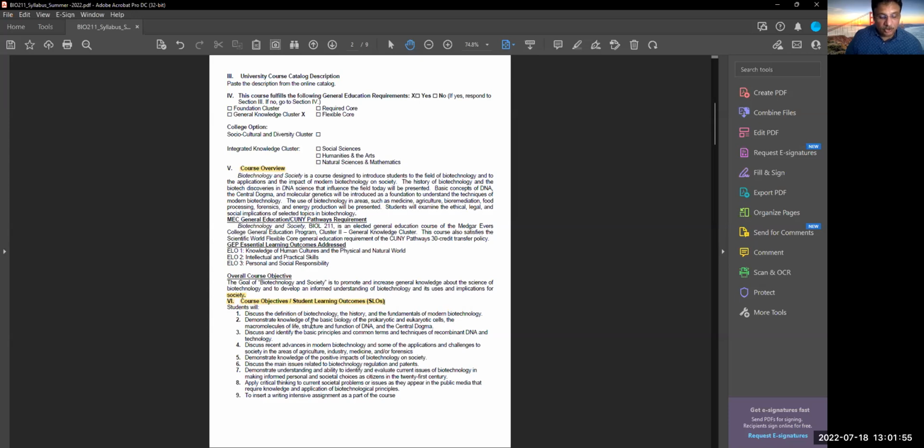Demonstrate the knowledge of the positive impacts of biotechnology. There are 2 sides to a coin, head and tail. So one should have knowledge as a student, what are the advantages of biotechnology, what are the disadvantages of biotechnology. For example, cell phone, most of us have cell phones.